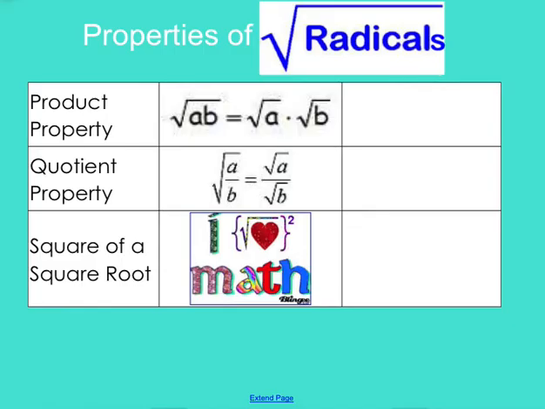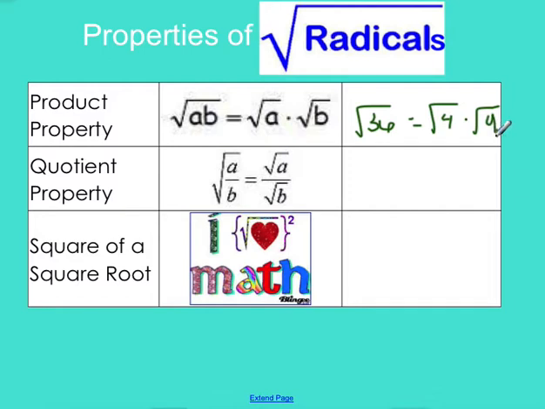So let's take a look at some of these rules that apply to radicals. When you multiply two radicals together, you get the square root of each one separately. For example, if we had the square root of 36, I know that 4 times 9 is equal to 36. So that's actually equal to the square root of 4 times the square root of 9.